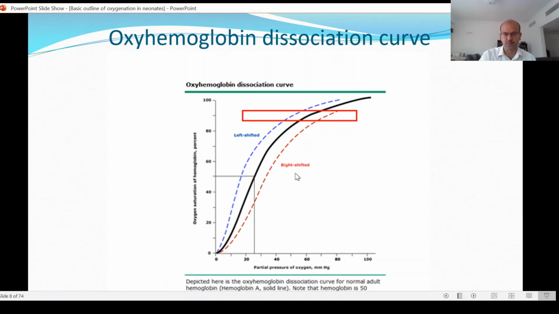So when we say shift to left or shift to right, what we basically mean is that a shift to left will make the hemoglobin bind the oxygen more strongly. So for a given available oxygen level, the hemoglobin is more saturated. Suppose we have a partial pressure of oxygen of 60 with the shift to right, your saturation will be around 80, while with the shift to left, your saturation will go as high as 90.